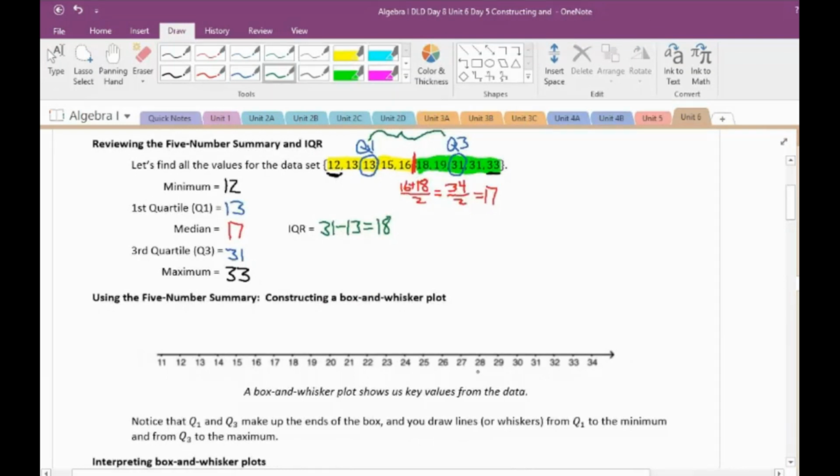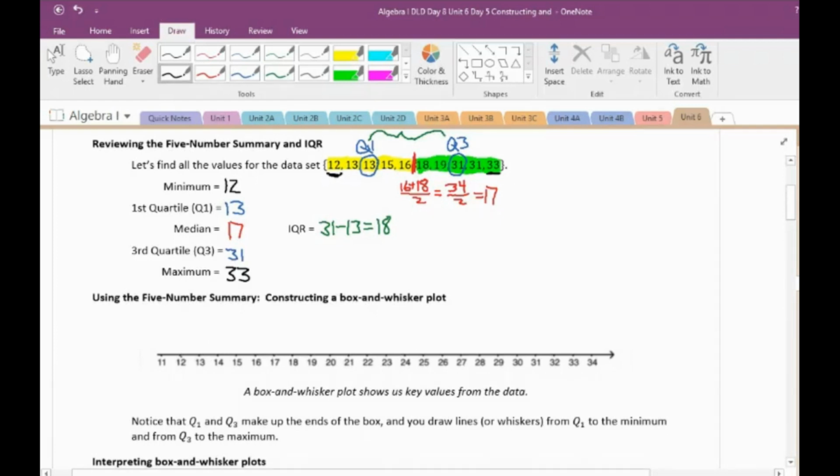So how do we actually use this? The box and whisker plot, or box plot, as you'll often hear it referred to, uses these 5 values. You'll see I have a number line here first. We do want to have a number line, and we're going to identify where these 5 values are on that number line.